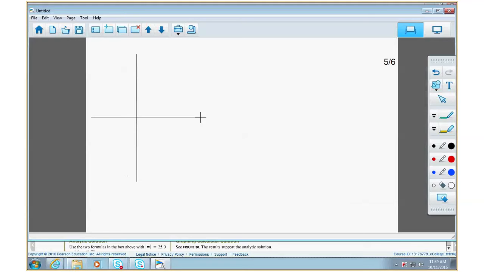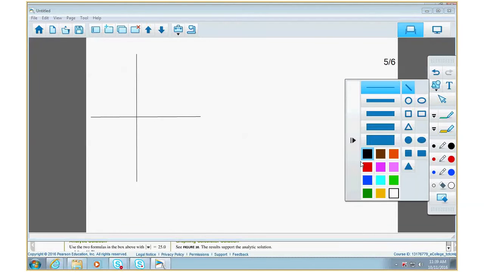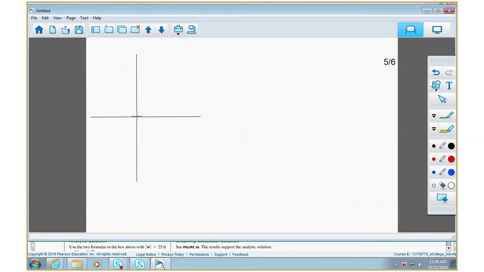And what did it say? 3, negative 2. So we're going to take this red line maker and we're going to go 1, 2, 3, and negative 2. So they're giving you the what? They're giving you the hypotenuse.